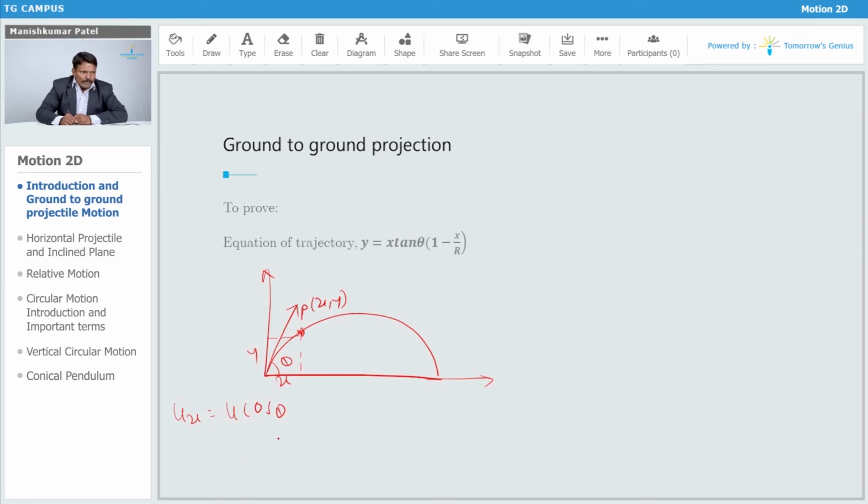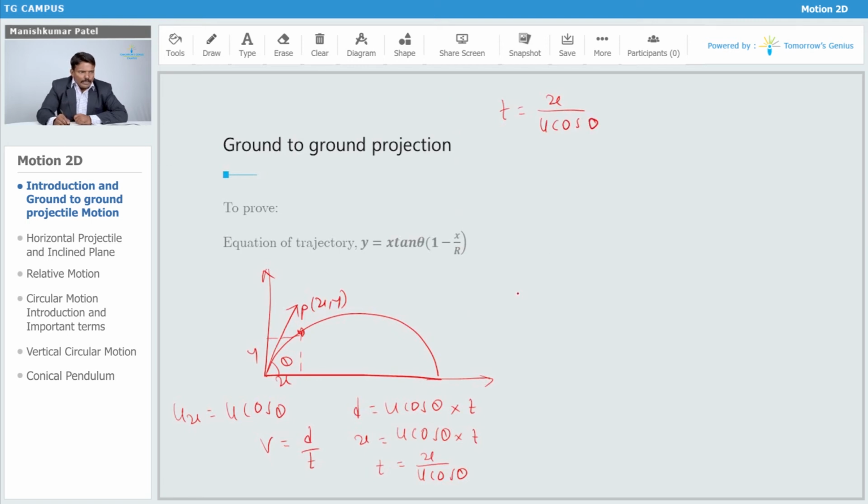Velocity is equal to distance upon time, so distance is equal to velocity, which is u cos theta, into t. The distance is x in the horizontal direction, so x is equal to u cos theta into t. So t is equal to x upon u cos theta.